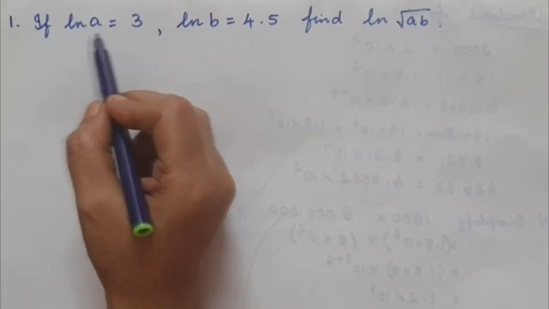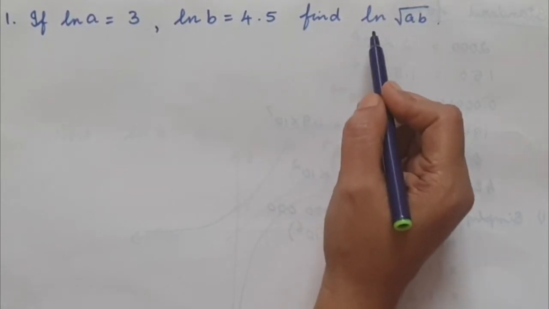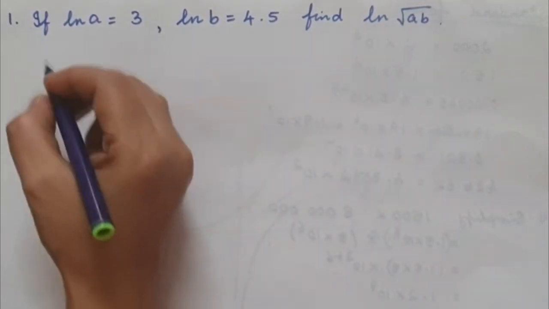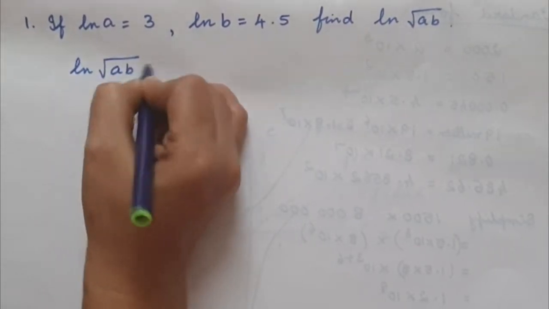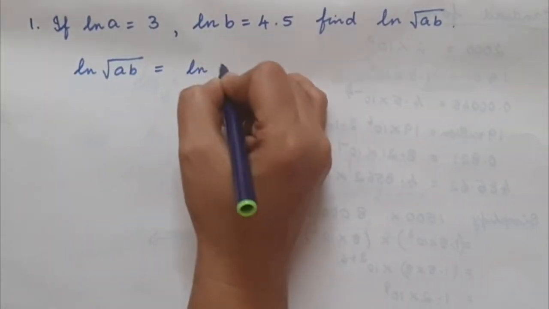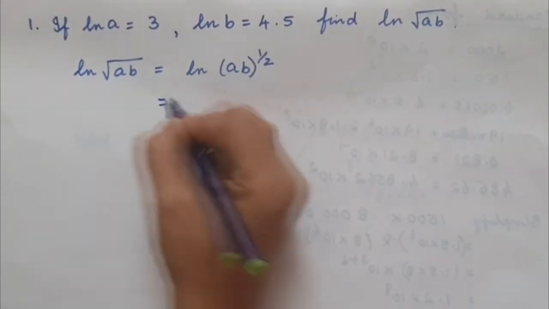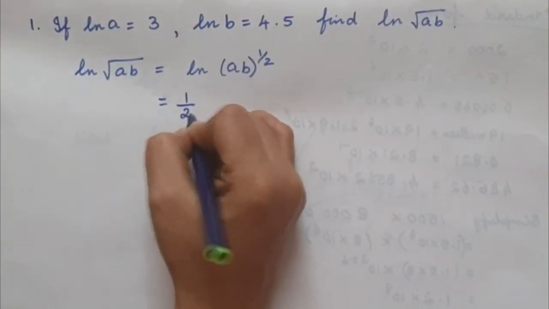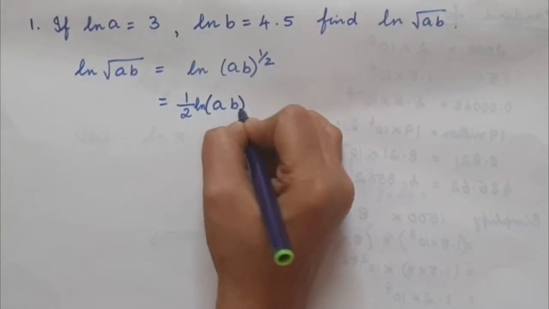First question: if ln a equal to 3, ln b equal to 4.5, find ln of square root of ab. Now let us solve this. ln of square root of ab can be written as ln of ab the whole power half. When it is a power, we can write it in front. So half of ln ab.